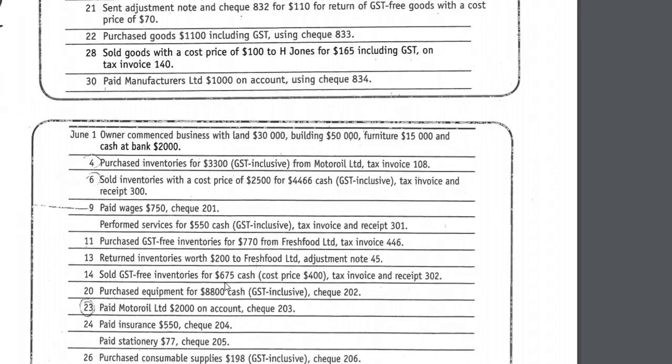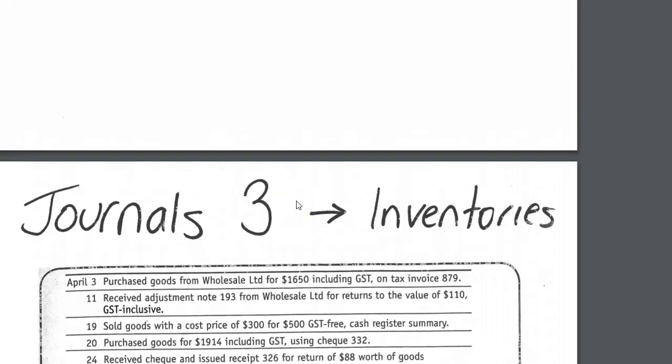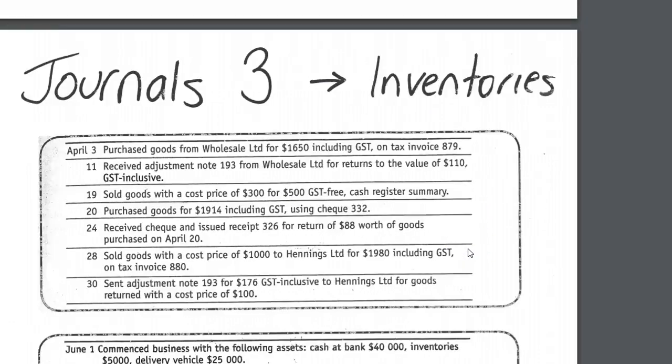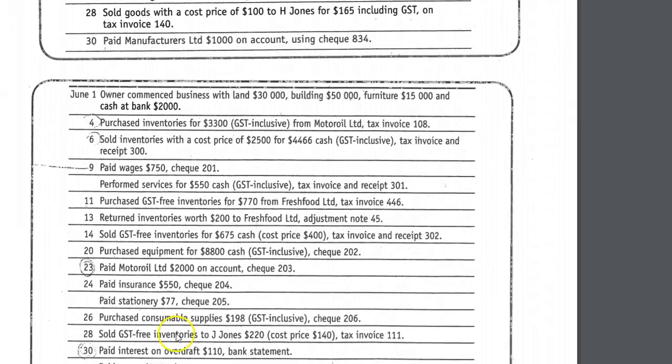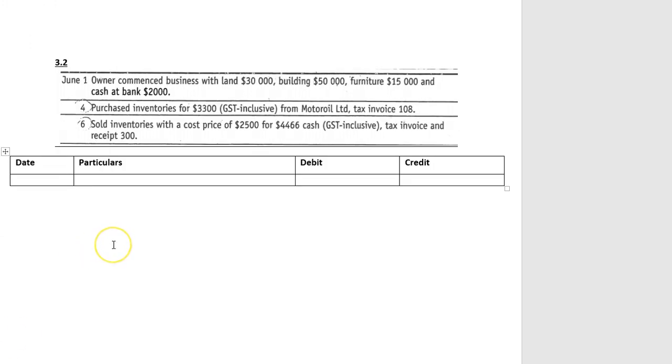So now what we're going to do, I'm just going to grab some from Journals 3 Inventories. This one, you can't see it, but we're doing a bit of 3.3. Okay, now I'm just going to pick a couple, so June 1st, 4th and 6th, and do the journals with you.